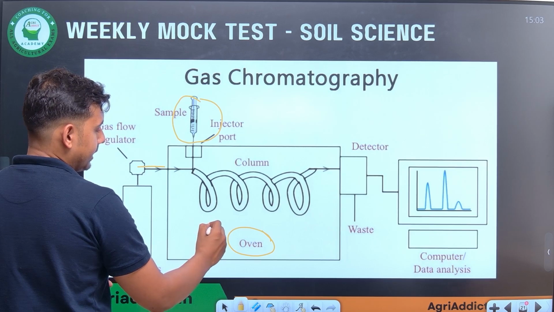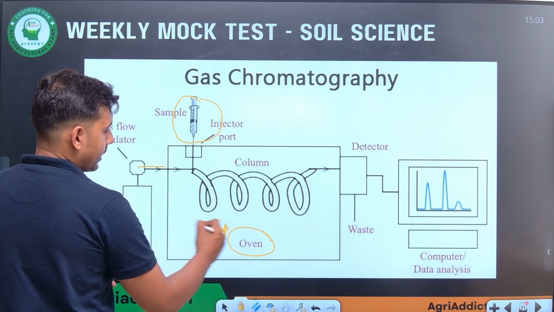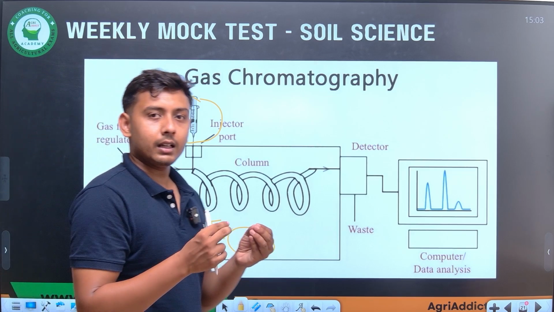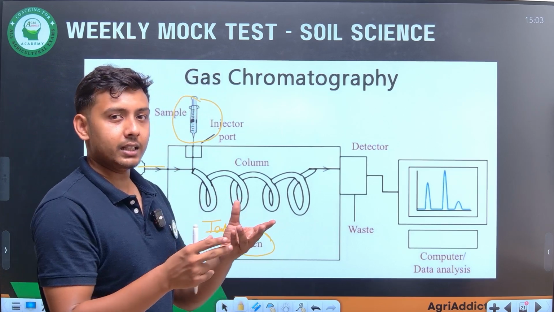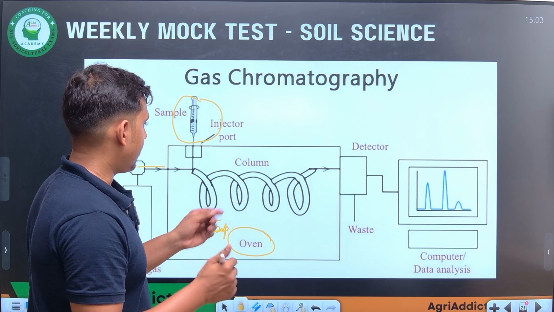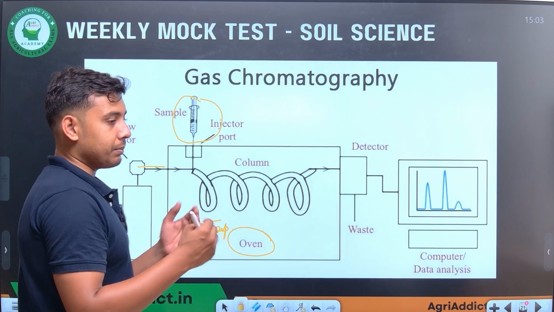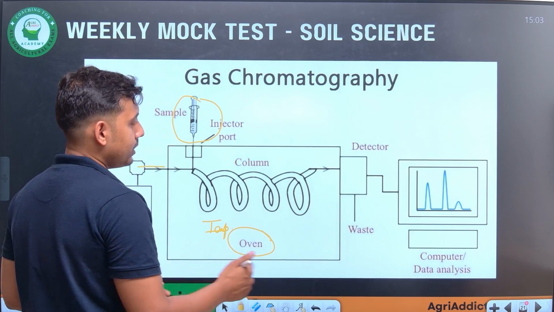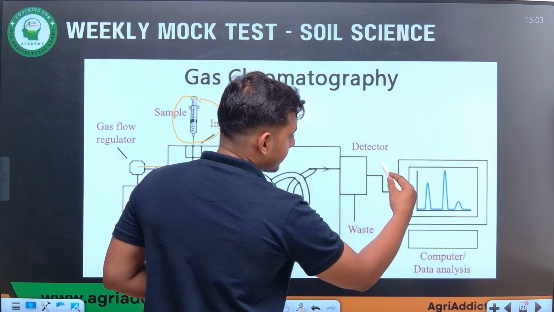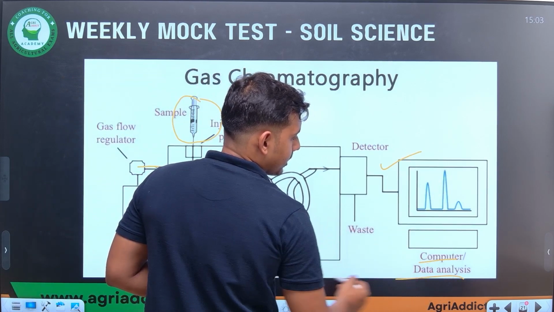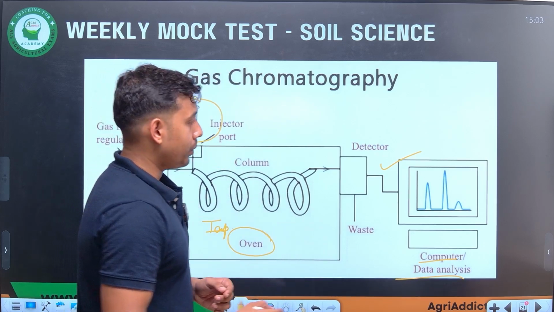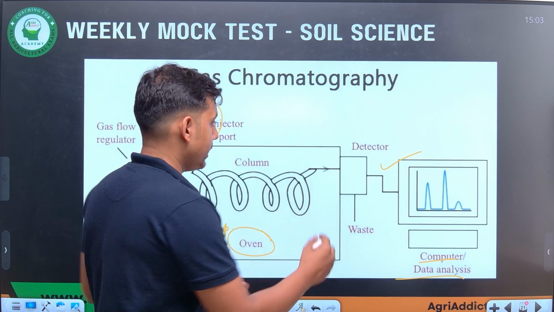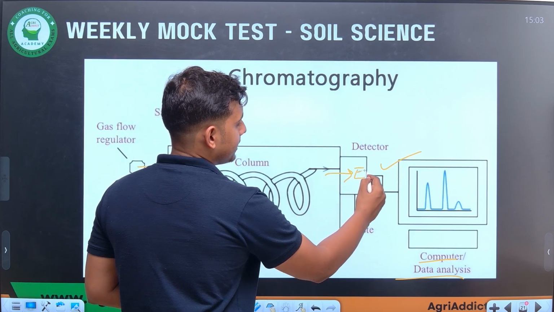Here temperature rises, so the sample will get volatilized, and due to the column, some samples elute first and some samples elute later. So by this we can get the peaks in the detector. In the detector we will get the sample which elutes first, or exits first.